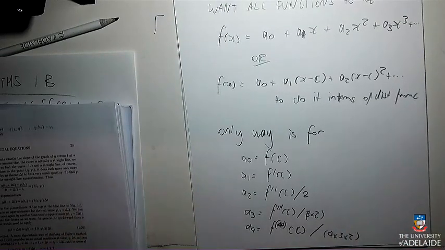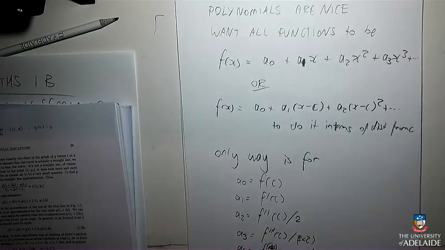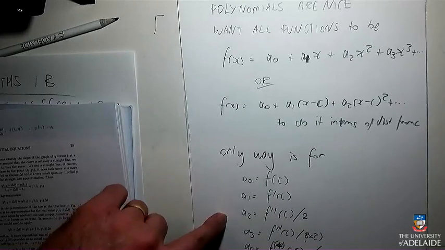That's the only way to do it, which is nice, because it gives us a formula for how to figure out these numbers. You could totally just pick numbers and go, I reckon these numbers would make my polynomial pretty close to my function. But if you want the closest and the best, then these are the coefficients you have to pick.